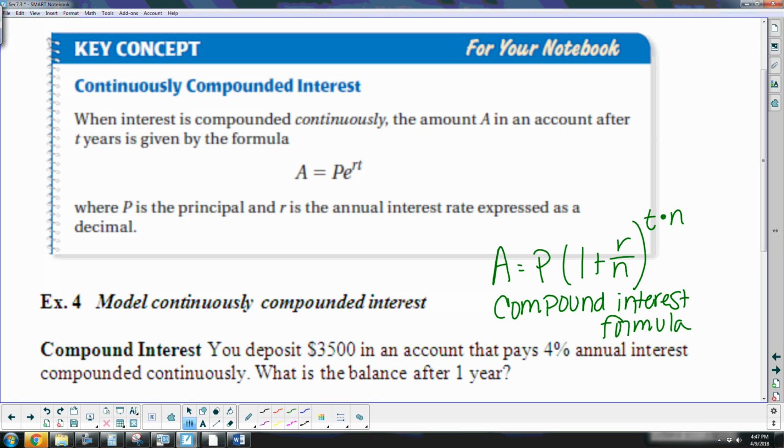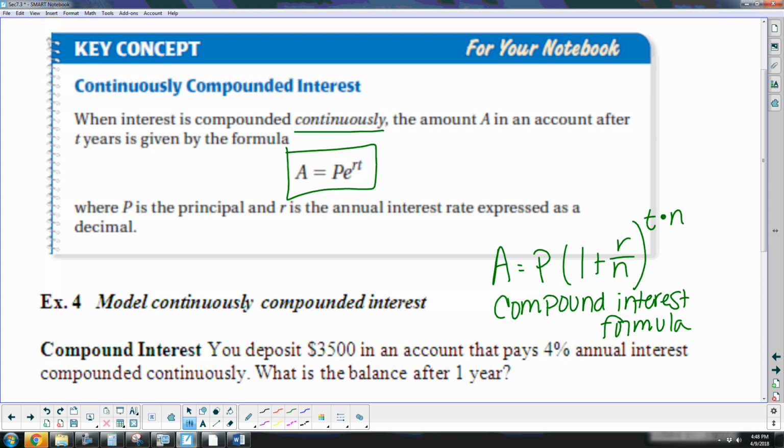But if you remember, as your n value approaches infinity, the quantity 1 plus 1 over n to the n power approaches e. Okay, so it gets closer and closer to e. So we can use that e in this compound interest formula where we compound continuously, meaning like every second, multiple times every second, just constantly compounding interest.